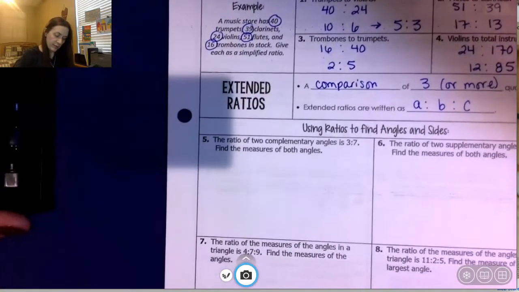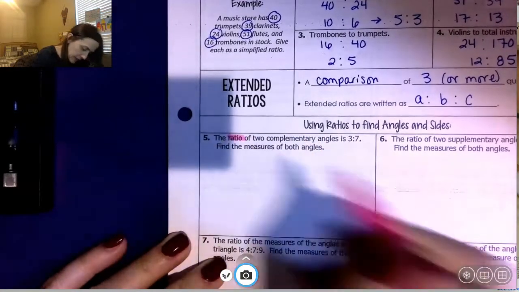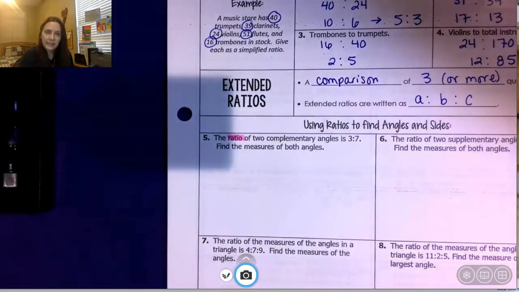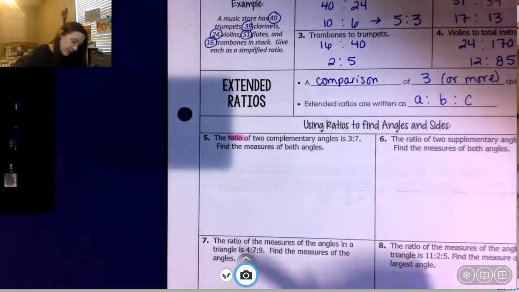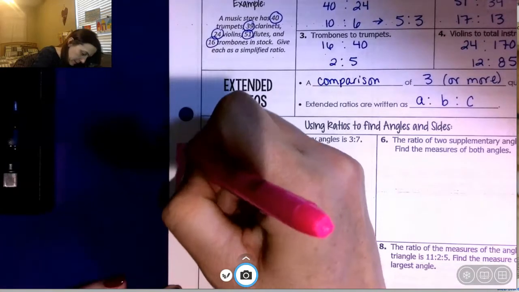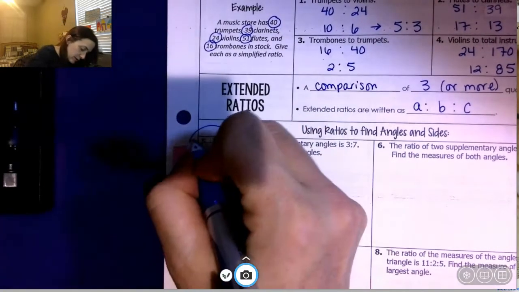The ratio of 2 complementary angles is 3 to 7. Find the measure of both angles. Now when I see the word ratio, it should tell me that I have a multiplier.